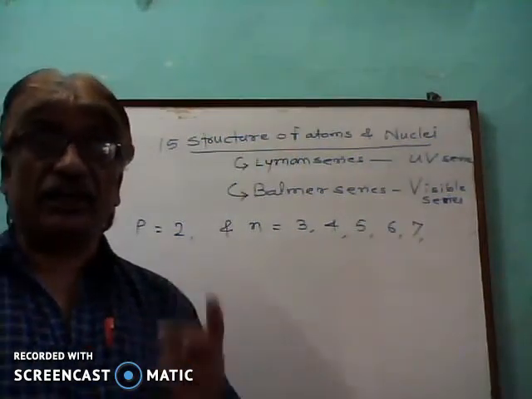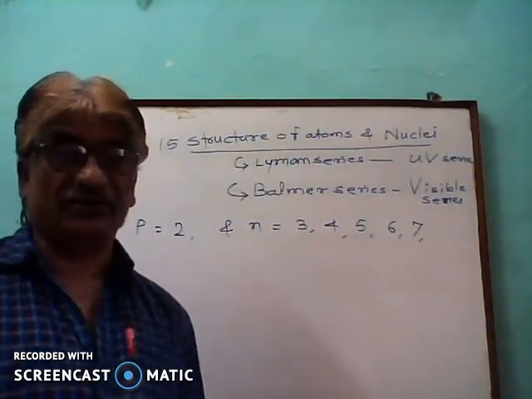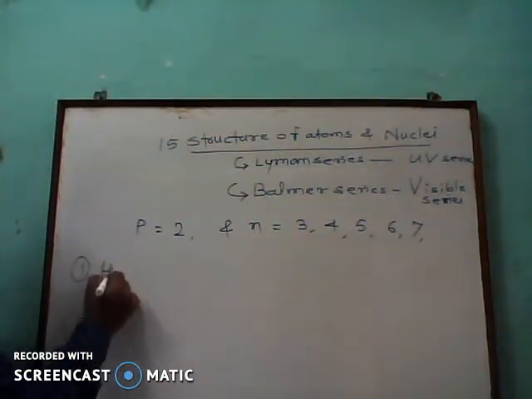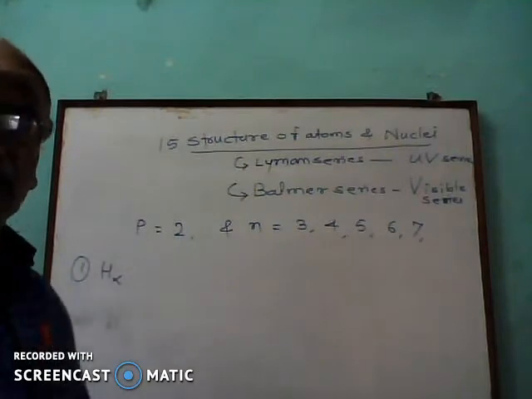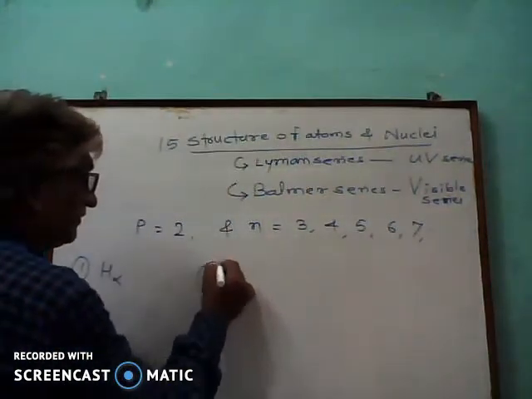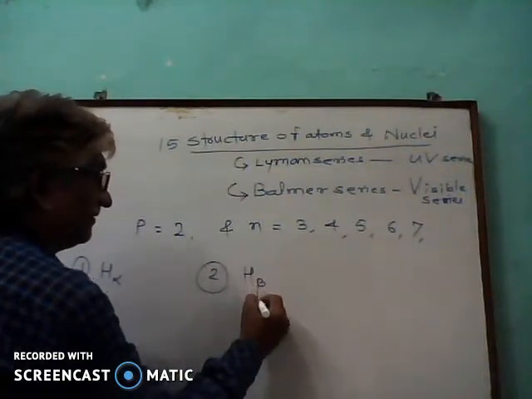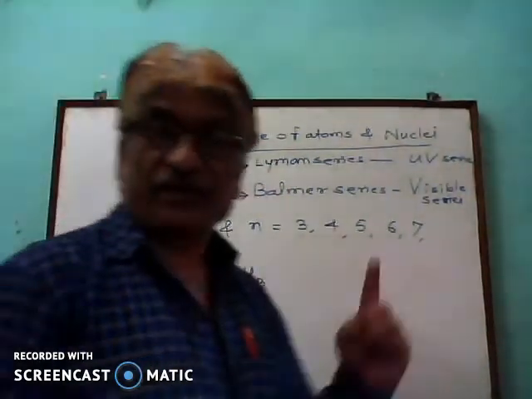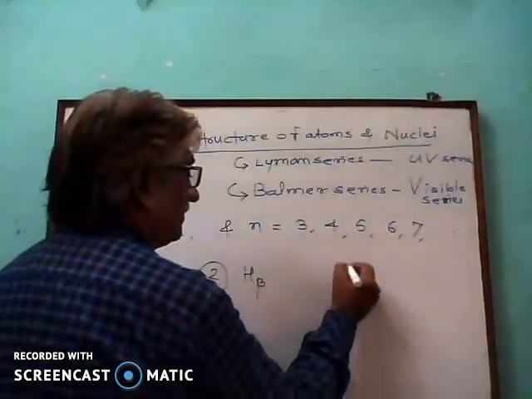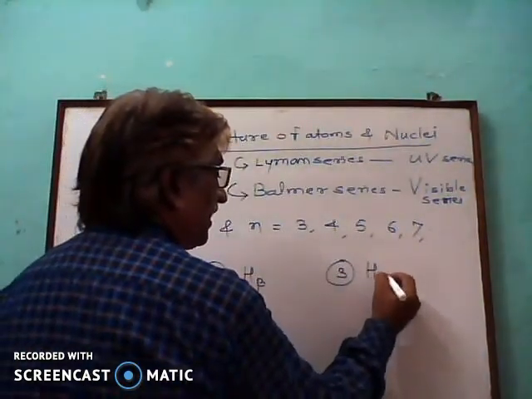There are 4 lines in the Balmer series. Which 4 lines? Number 1, H alpha line. Number 2, H beta line. Number 3, H gamma line.